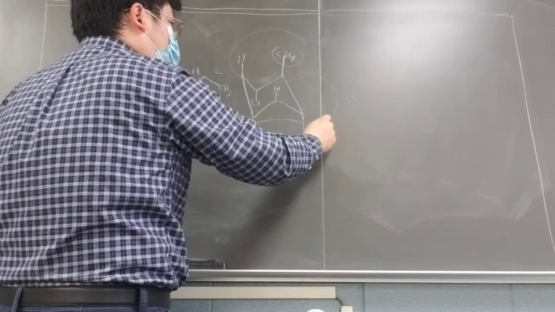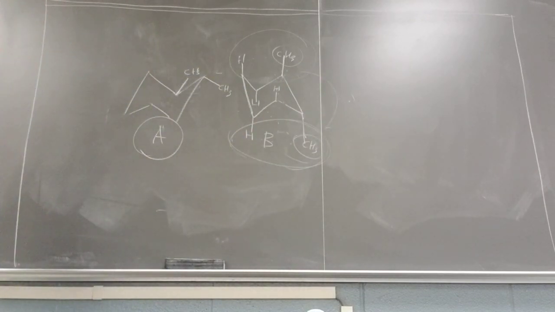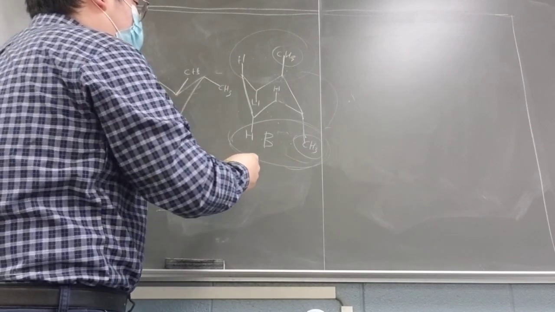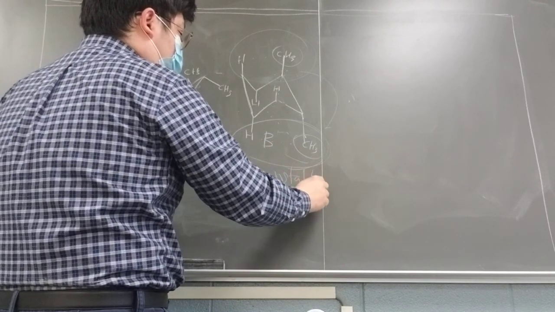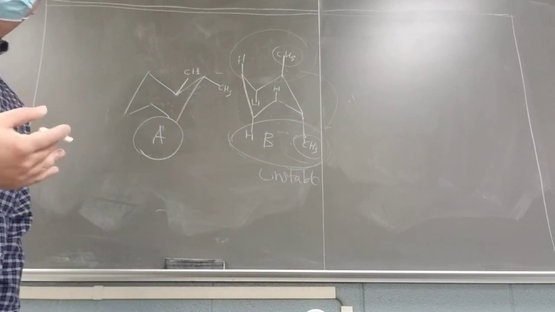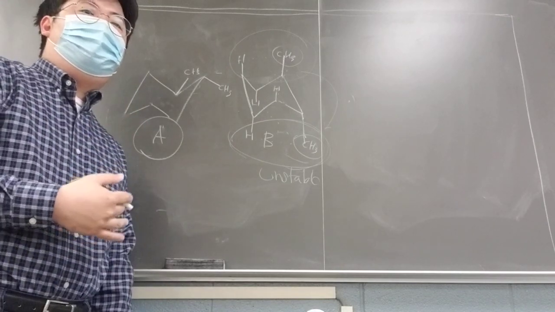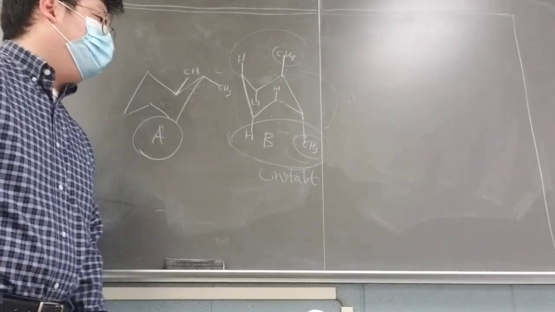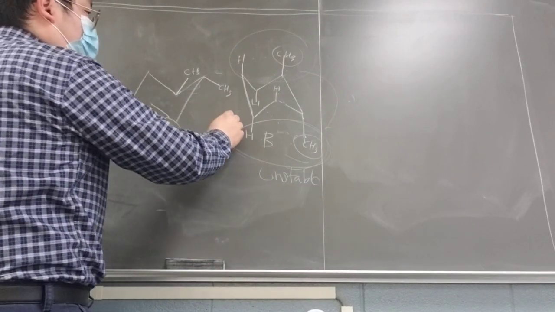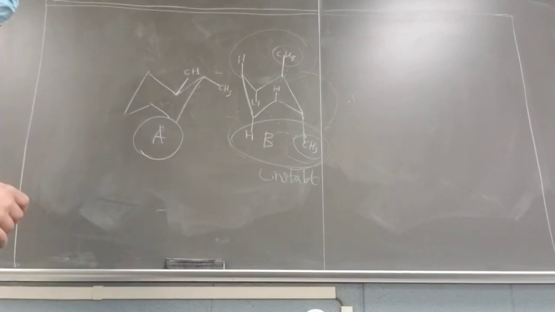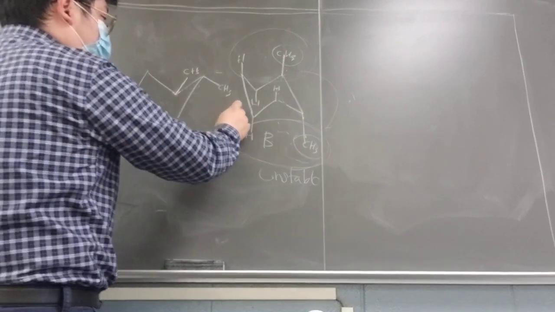So these two will create a great amount of strain, great amount of discomfort, great amount of energy to overcome to keep this form. So this is very unstable. Because they don't want to be in this position to experience 2 separate 1,3 diaxial interactions, which is too much for them. So they will not be in this form unless they have enough energy to do so. So it's not very preferred.